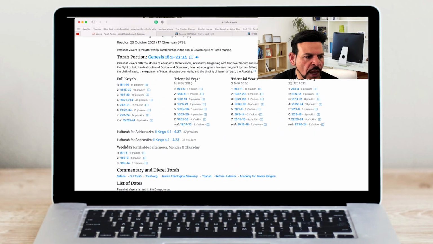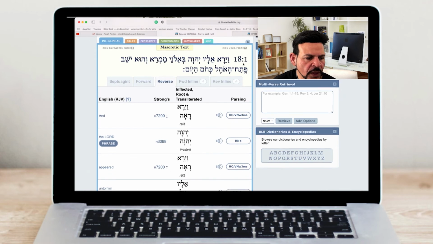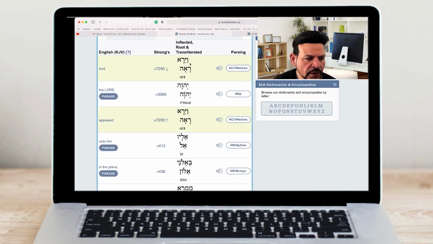So to look at the portion in Blue Letter, we would actually see here, the Lord appeared to him by the terebinth trees of Mamre, and he was sitting in the tent door in the heat of the day. So these oak trees are also called terebinth. And you can see here how Vayera comes from what? Root Ra'ah.